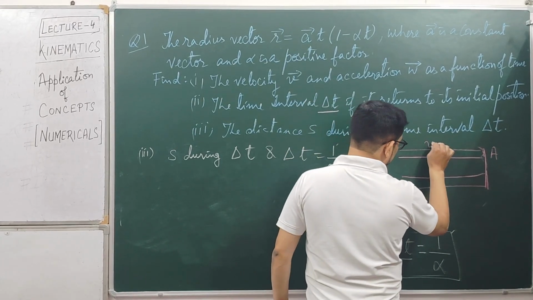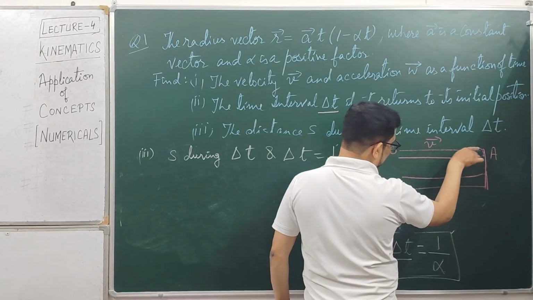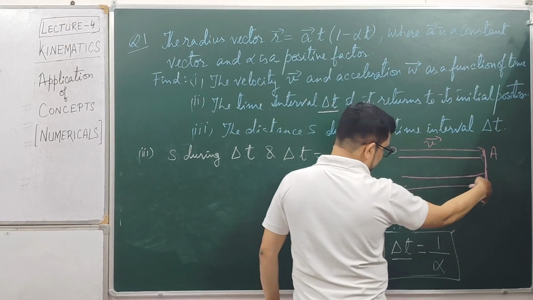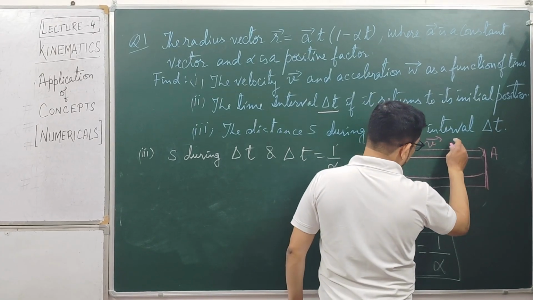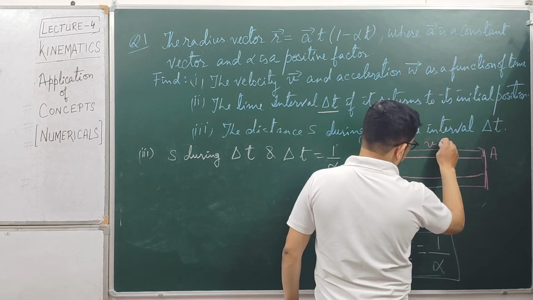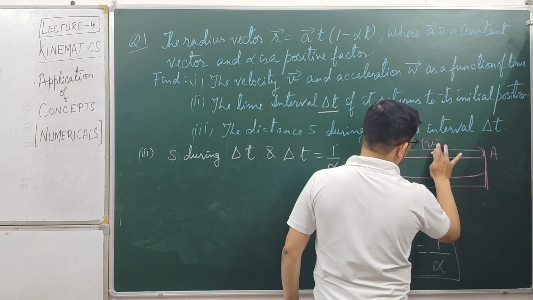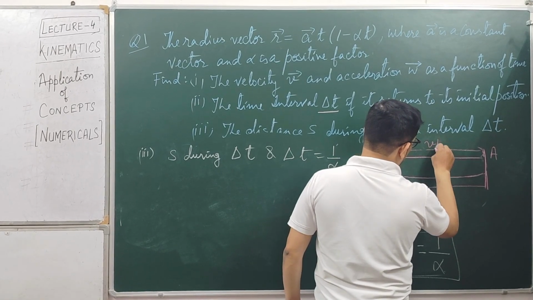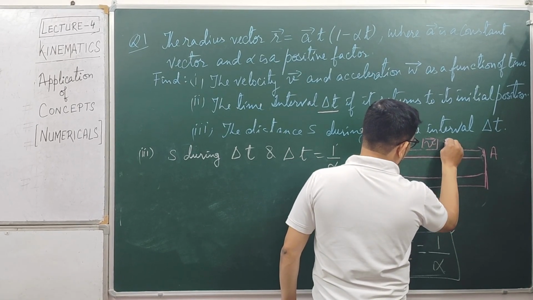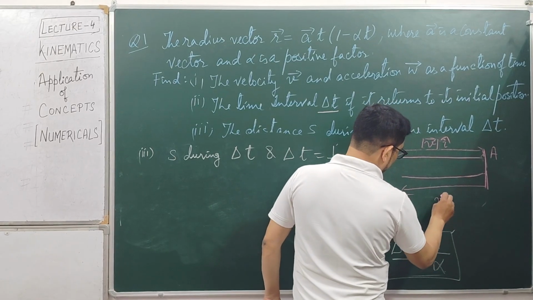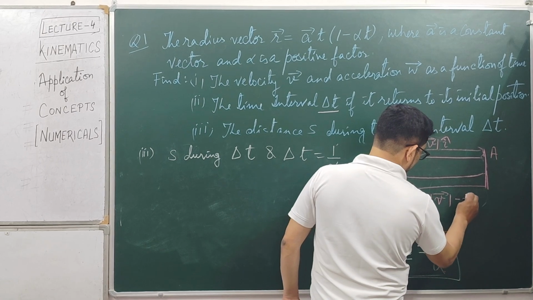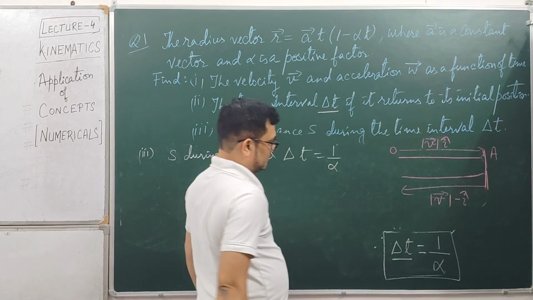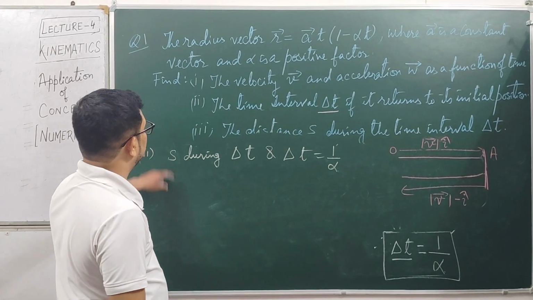So the velocity here is directed in this direction, and the velocity while returning is in the opposite direction. Suppose you take this as the x-axis, then the velocity is v i cap going out, and v minus i cap while returning.